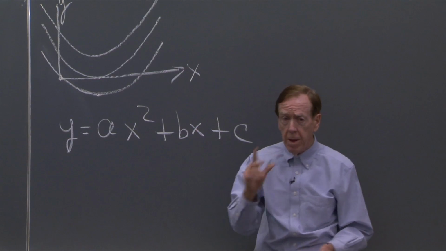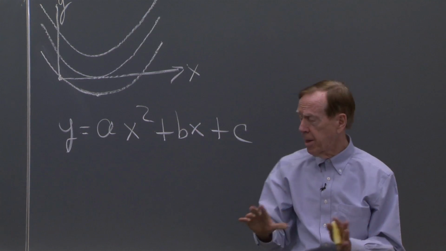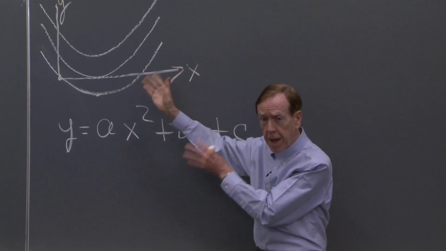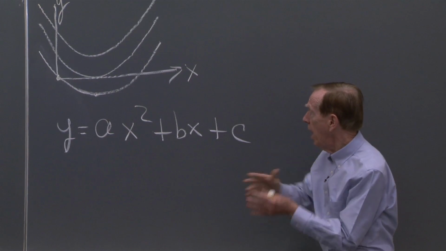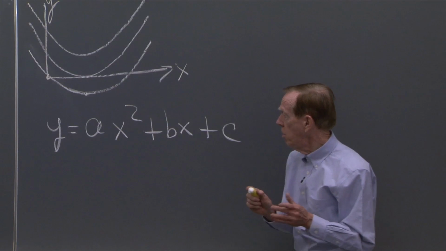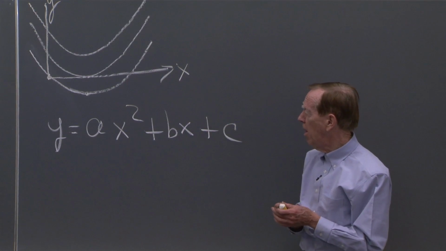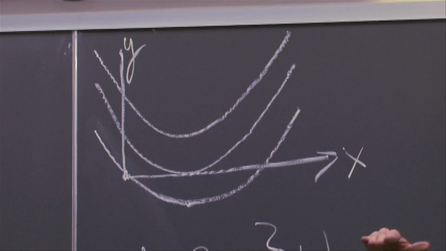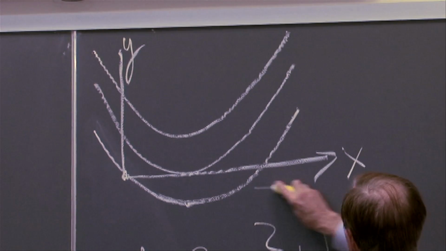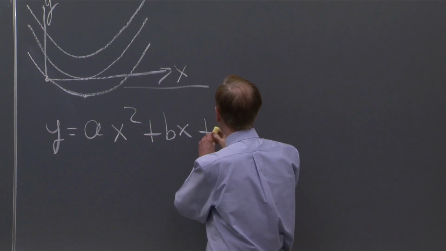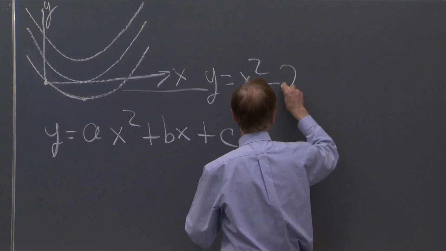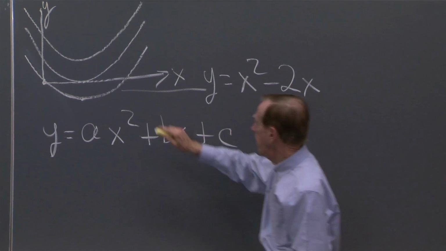Okay, so a good start is to connect the algebra, these letters, to the graph, the picture, the geometry. So I've drawn 3 quadratics up there, 3 particular ones. Let me tell you what the a and the b and the c are. Those quadratics are almost the same shape, just lifted up. So this first guy is y equals, I think I picked x squared minus 2x for this one.